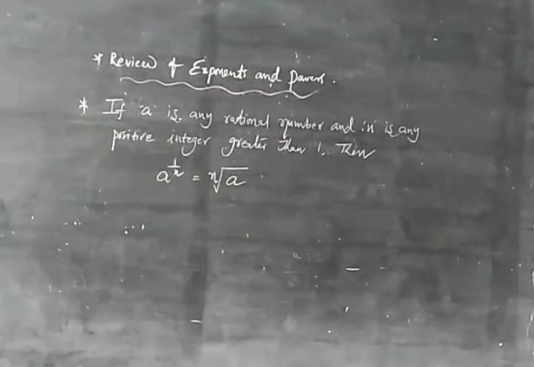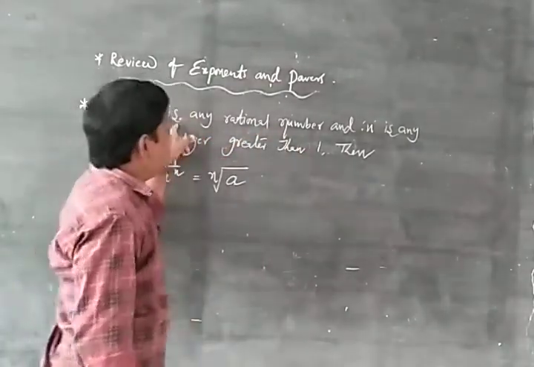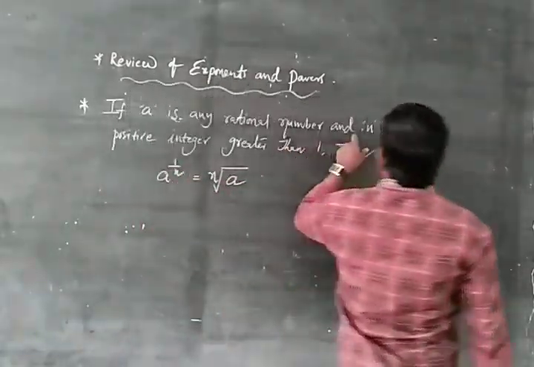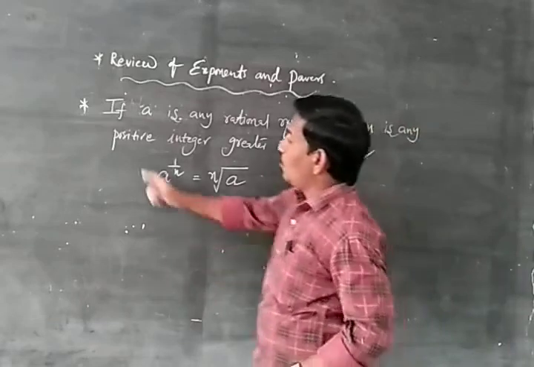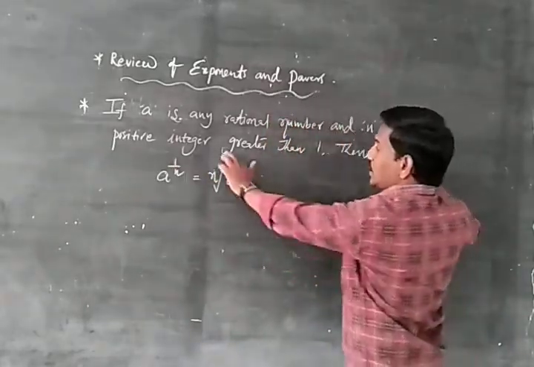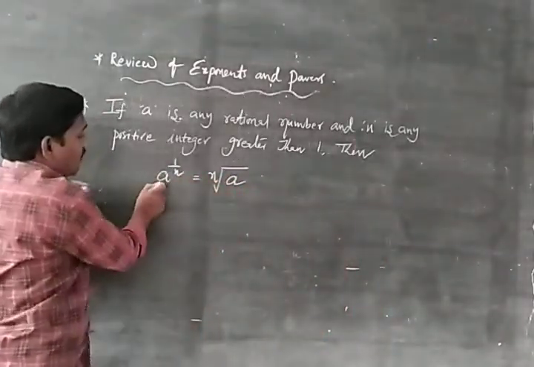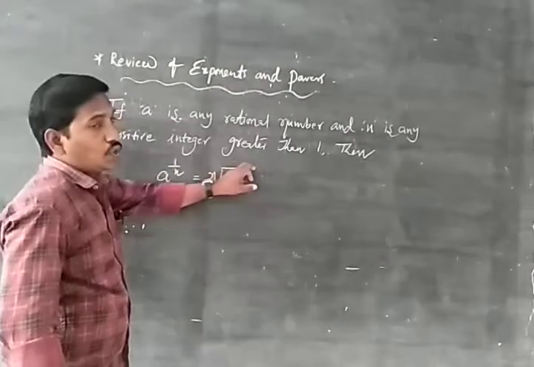Okay, look at it: if a is any rational number and n is any positive integer greater than 1, then a power 1 by n equal to nth root of a.